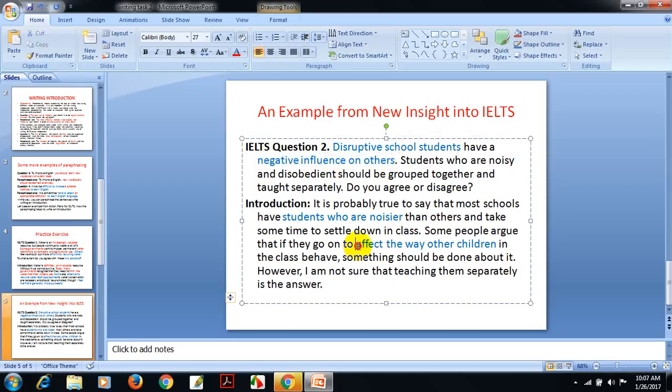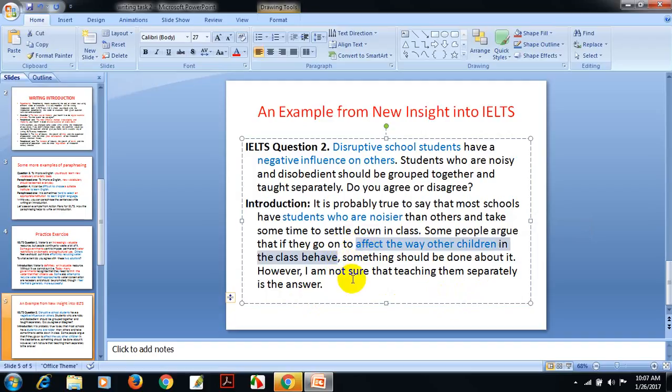Here is affect the way other children. Affect the way other children. This one is written. This one suppose affect the way other children in the class behave. Okay, let's see from here to here.